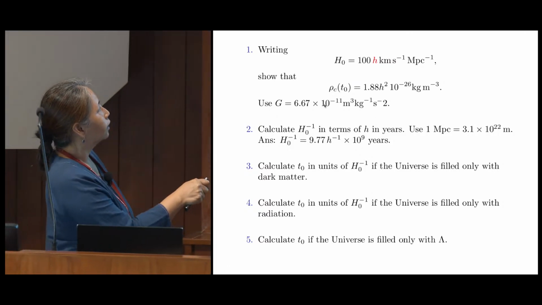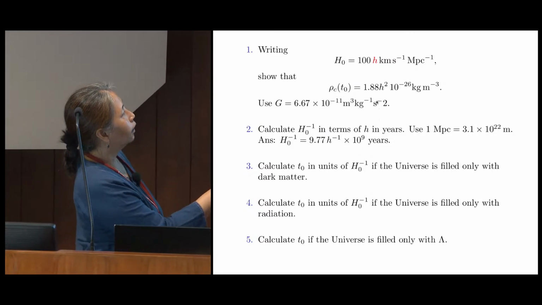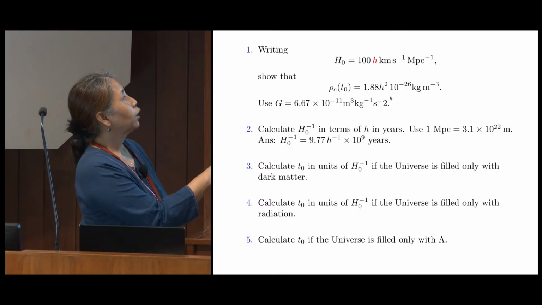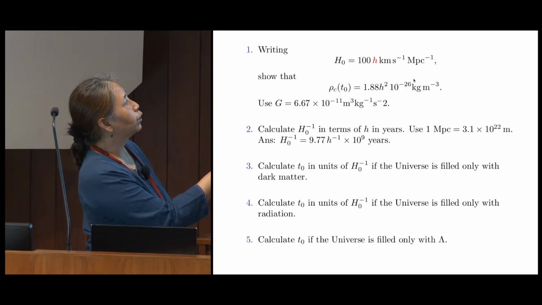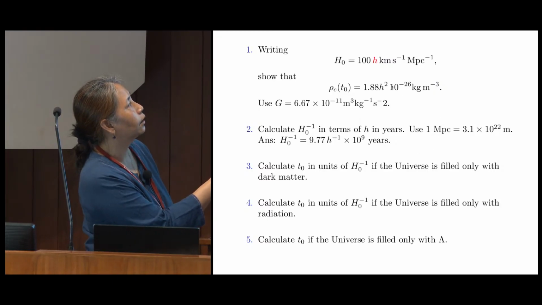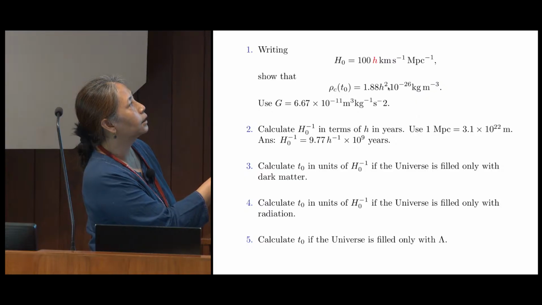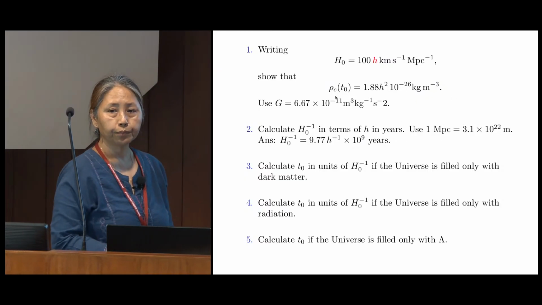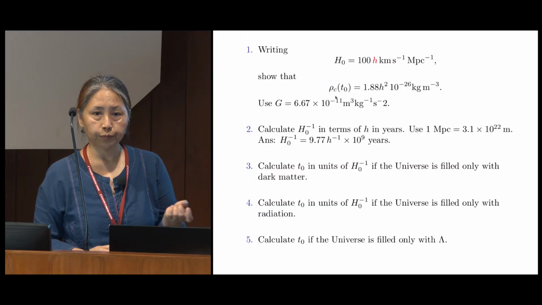If you put it like this, you can plug it in and show that rho c, the critical density today at T0, is of this order. It gives you an order of magnitude: the critical density is like 10 to the power minus 26 kg per meter cube. It's a very, very small number, no?